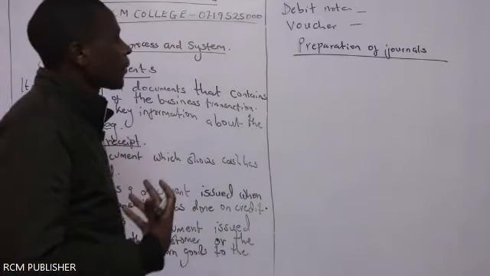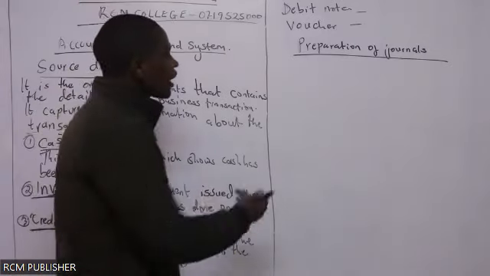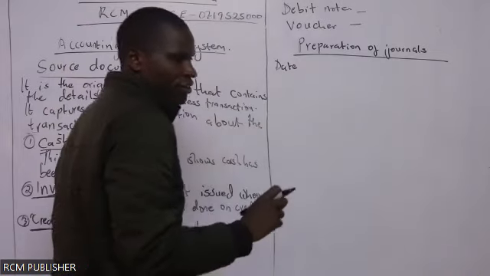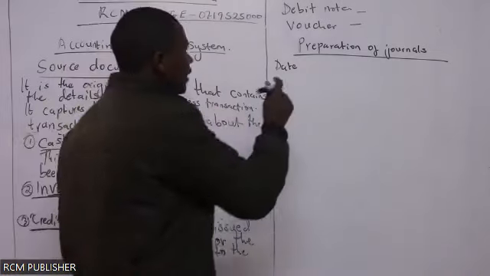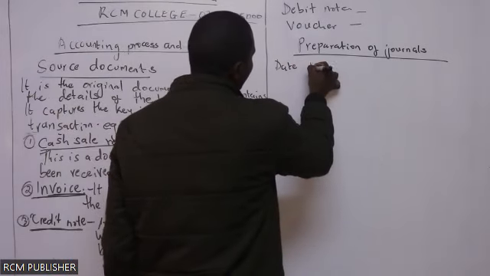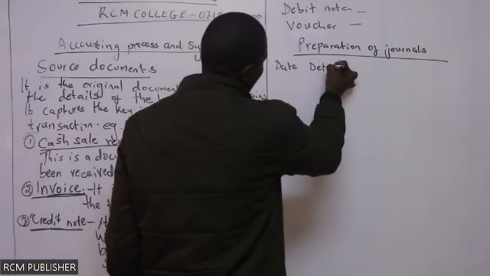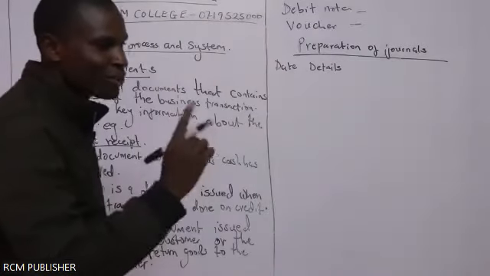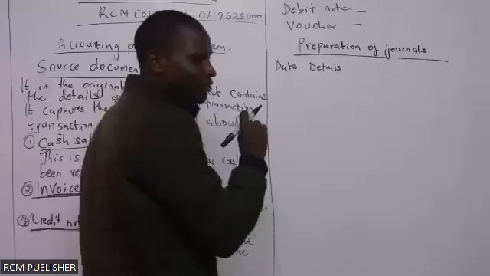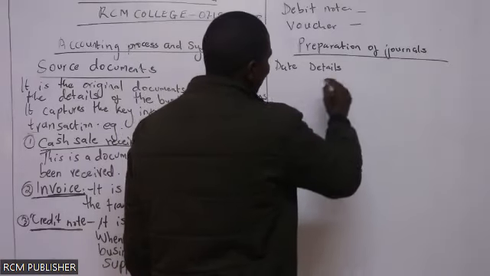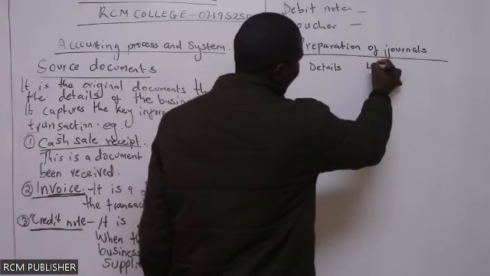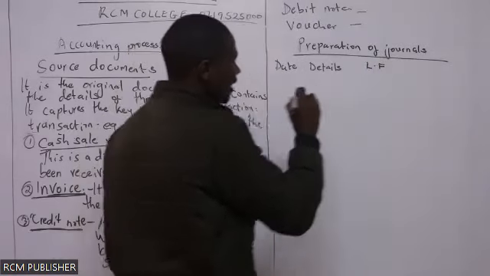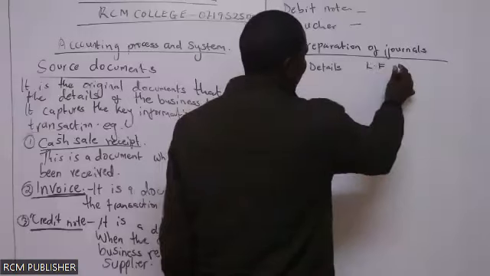How many columns? We have a date column, of course. We have to record the date that the transaction took place. Then we have the details column. Another column is the ledger folio, which are the numbers for that document.